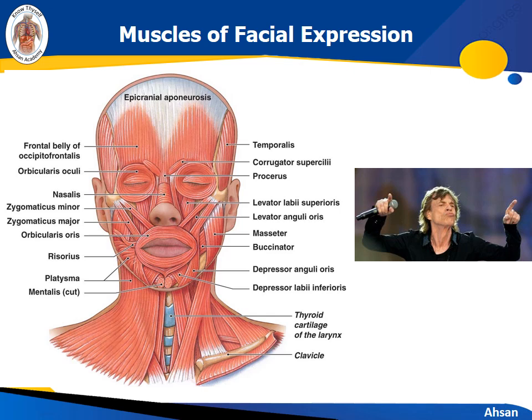Look at this person. The cheek is tightly depressed, so this is done by the buccinator. The lips are tightly together, and this is done by the orbicularis oris, and also it is elevated up, so it is done by the levator labii superioris and levator anguli oris together.